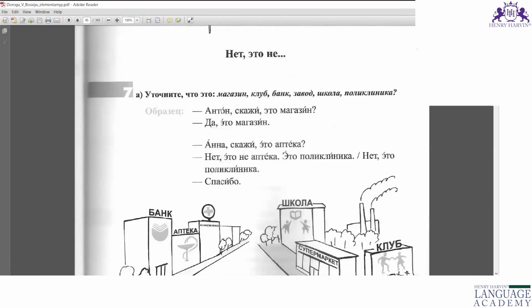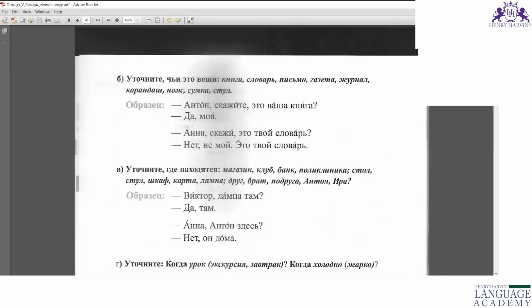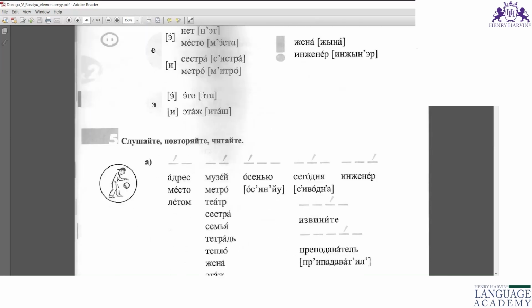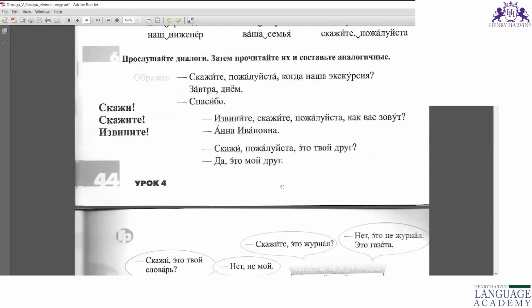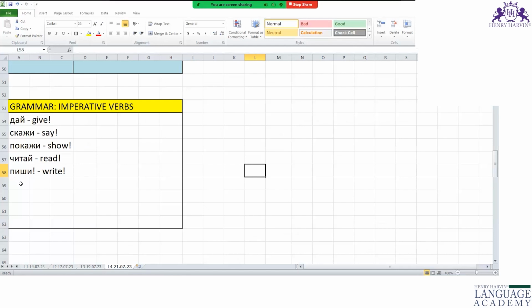So the same grammar will be applied to them. We will write them also as verbs, though they do not sound to you like verbs, but still. We'll also take the word слушай. Слушай is listen, because these are tasks we have in the book.